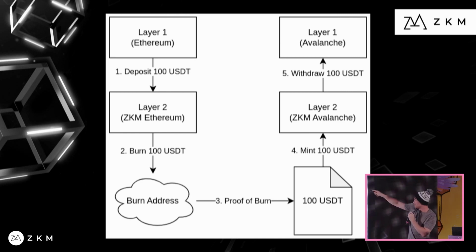So what this means is that I'm depending on native Ethereum or L1 security, and then I'm able to generate a proof that I no longer have access to that 100 USDT. As a result, I'm able to mint it on the other layer 2, in this case, the one that's built on top of Avalanche. And then finally, the end result is that I would be able to withdraw it on Avalanche itself.